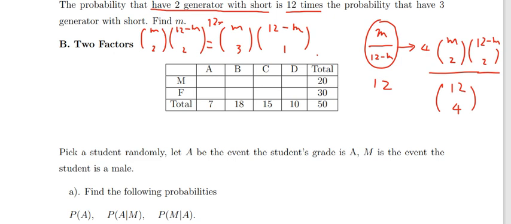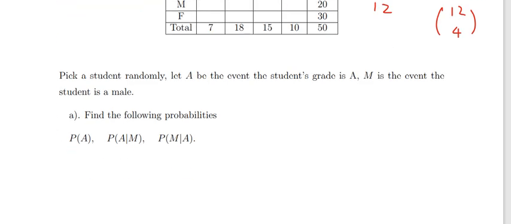So we can have those probabilities or conditional probabilities. For P(A), the probability of getting A, we check all students, totally 50. Among the 50, how many got the grade A? We say 7. Here we don't care about male or female, right?